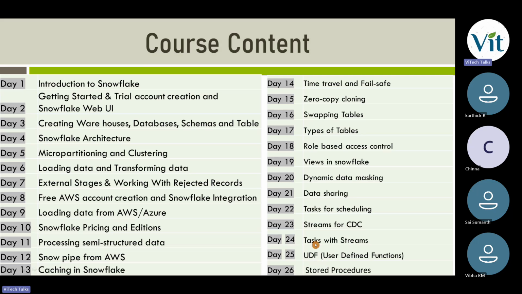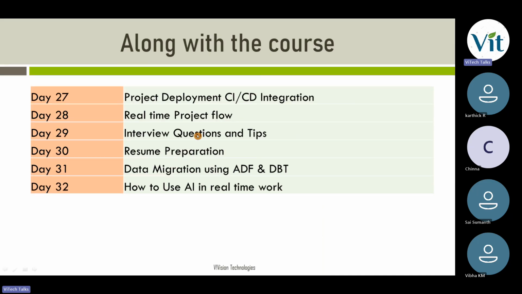Then what are tasks and streams, what are user-defined functions, what are stored procedures. So these are the things we are going to discuss in the day-to-day classes. And apart from this, we are going to talk about data migration using ADF and DBT, how to deploy your project, what the real-time project is, interview questions and tips, resume preparation, and how to use AI in your real-time work.